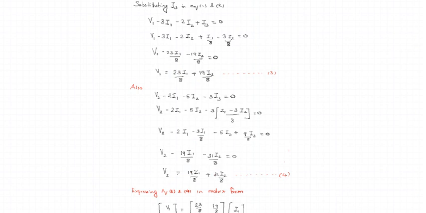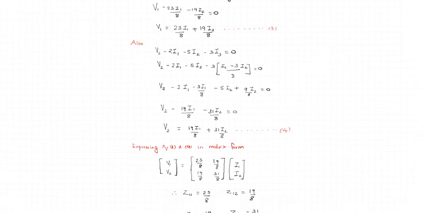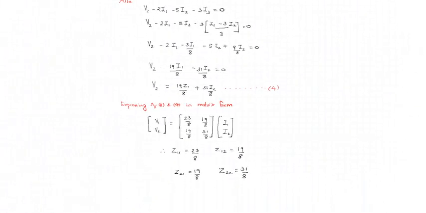Using equations 3 and 4, if we express this in matrix form, you get a matrix as shown here. So this is your Z11, this is Z12, this is Z21 and Z22. This is how we have found the Z parameters for the given circuit.